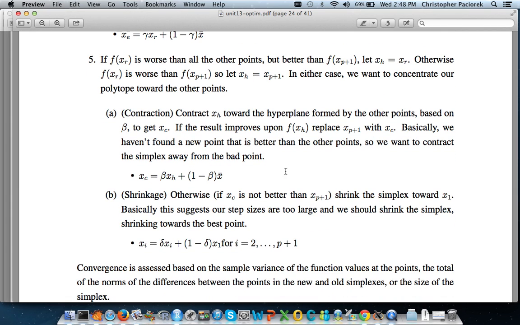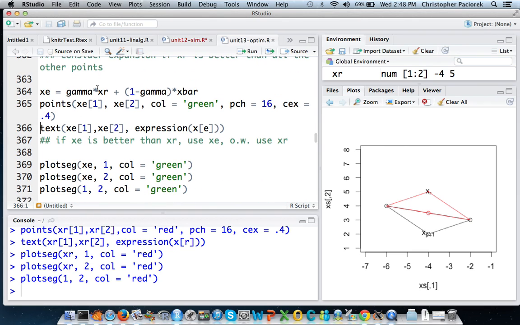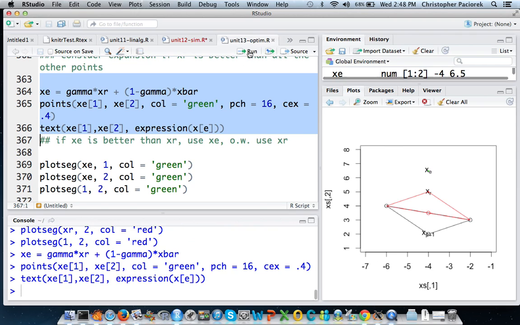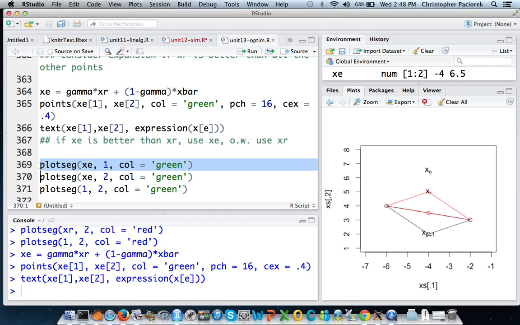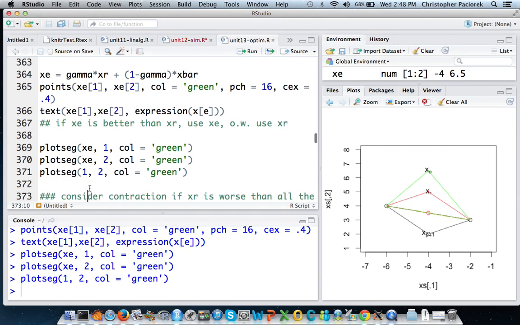And now what we're going to do is basically a contraction. Okay, so that was the potential expansion if it seemed like going in that direction was really good, and that would be the new triangle if we did expand.